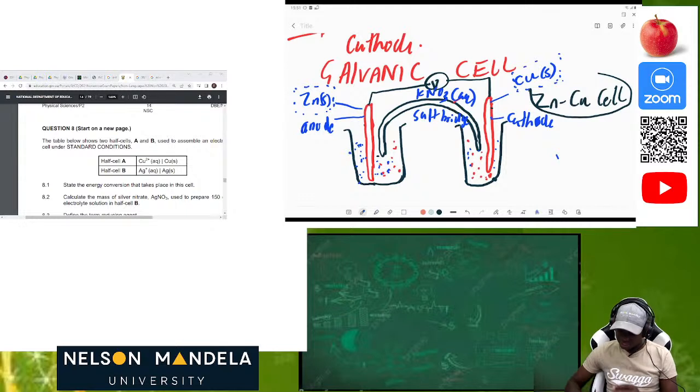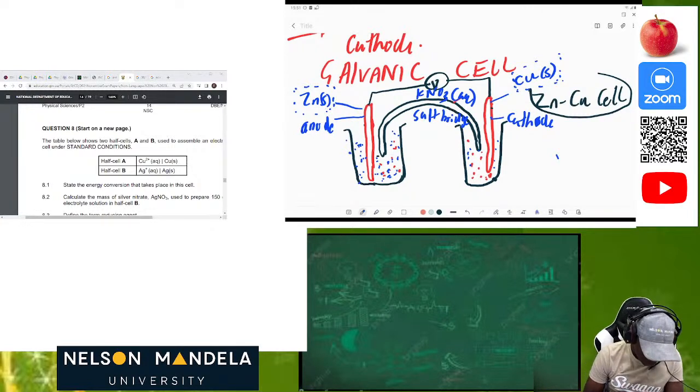So the solution which we have in our two different beakers is called the electrolyte.